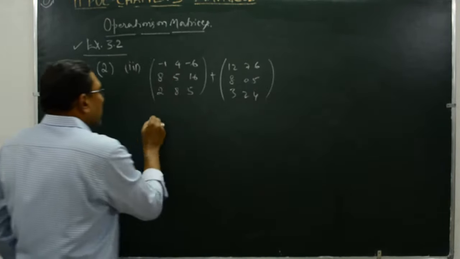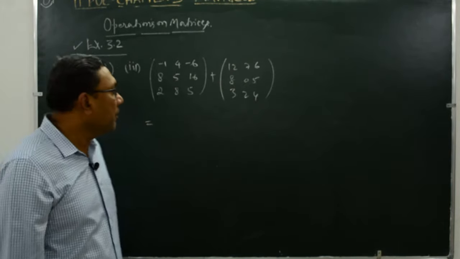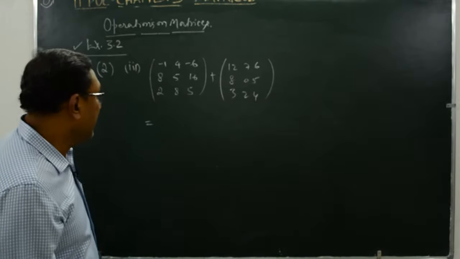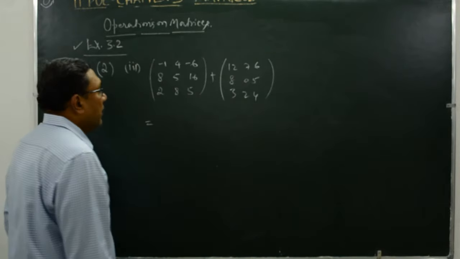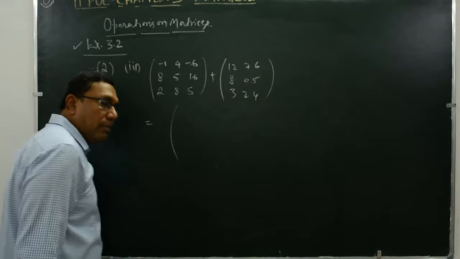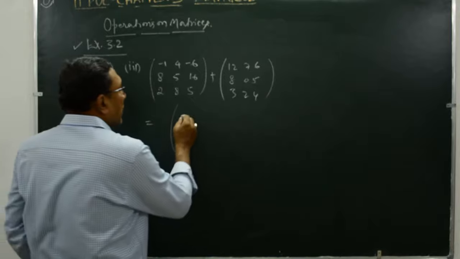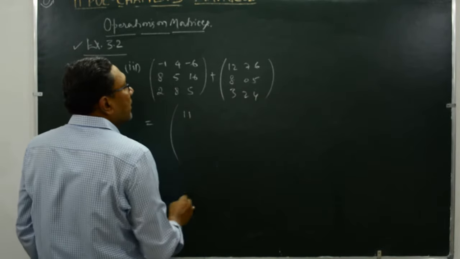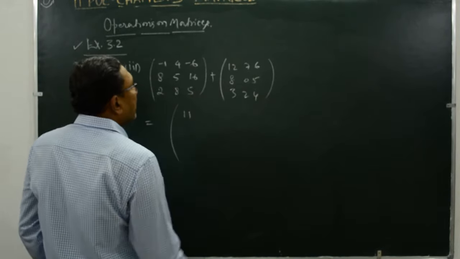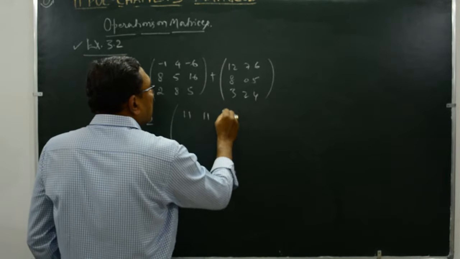Let us find directly, since you are already getting a grip on addition of matrices. Let us put the resultant matrix in place. Minus 1 plus 12 is 11. 4 plus 7 is again 11. Minus 6 plus 6 is 0.